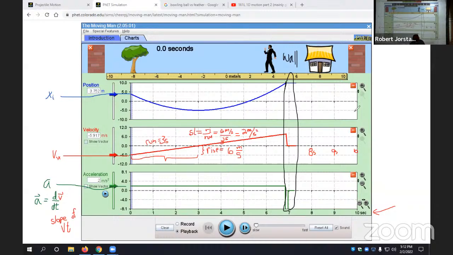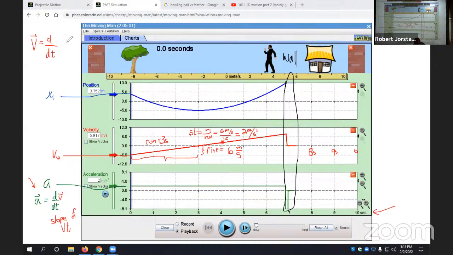Well, can anybody remind me what the similar equation was for velocity and position? What was the equivalent of that equation down there? What was velocity equal to? Derivative of x, or position.